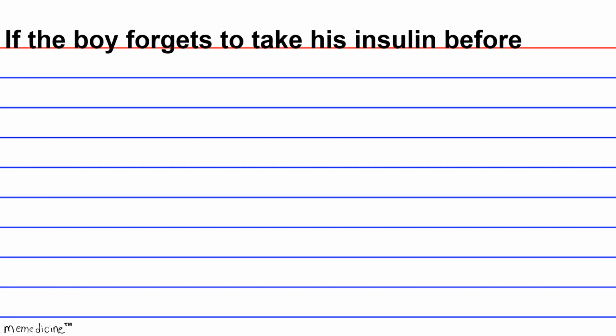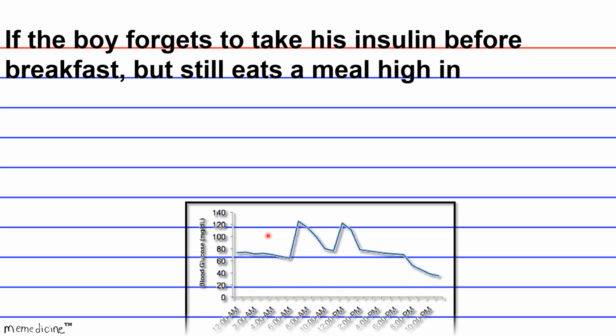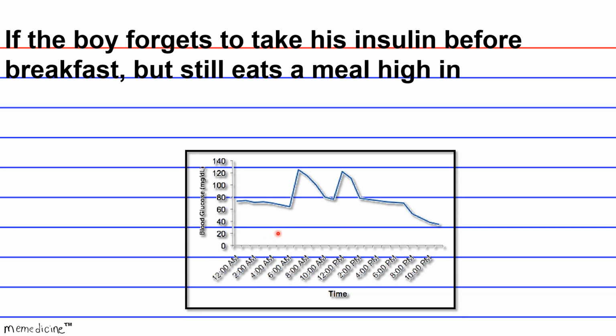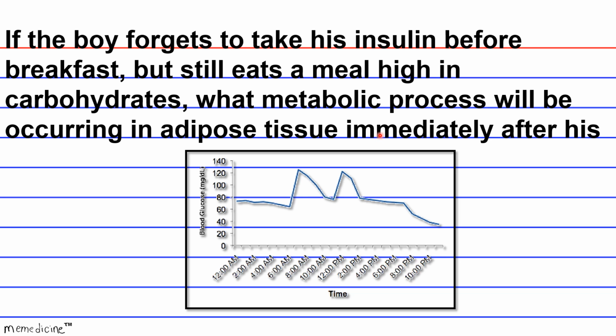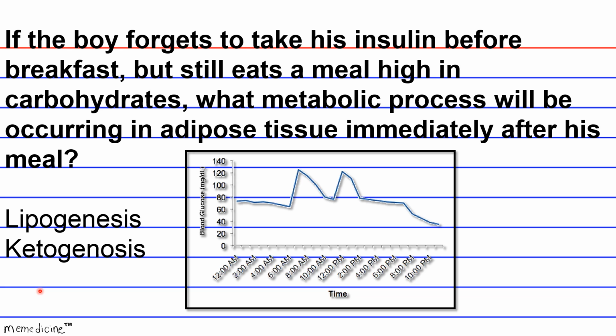If the boy forgets to take his insulin before breakfast but still eats a meal high in carbohydrates, what metabolic process will be occurring in the adipose tissue immediately after his meal? Is it going to be lipogenesis, the making of fat, ketogenesis, making of ketone bodies, ketolysis, the breakdown of ketone bodies, or D, lipolysis, the breakdown of fat?